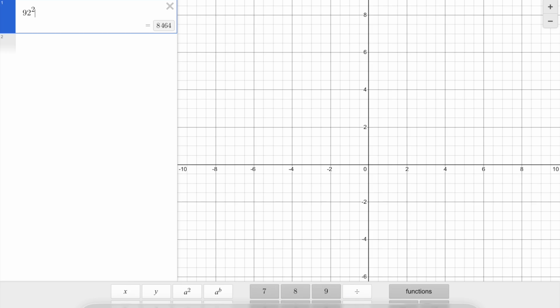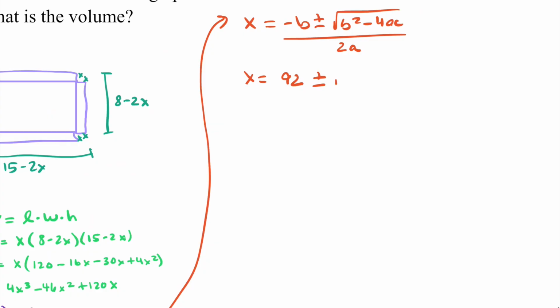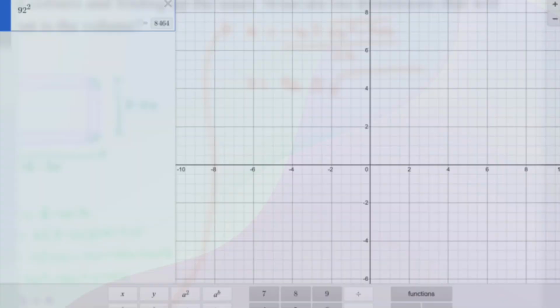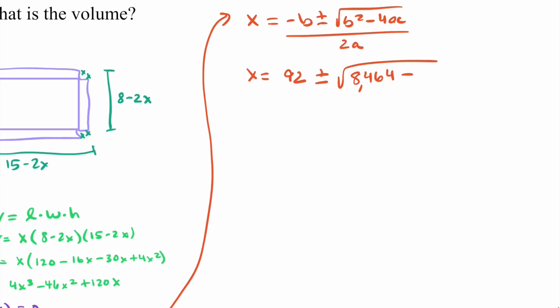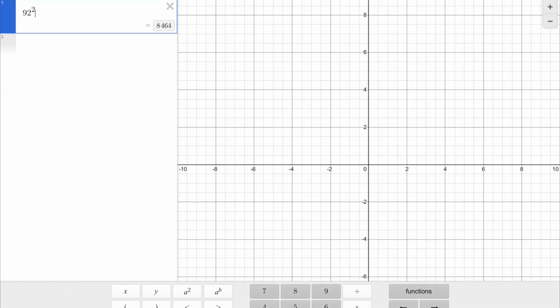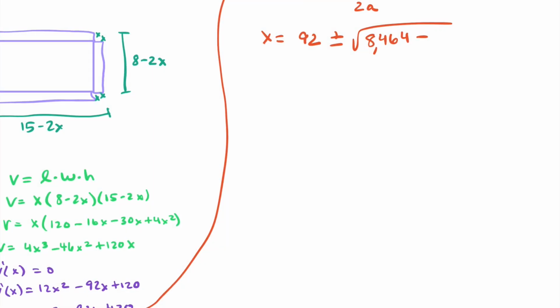That's 8464. Even though it's negative, anytime you square a negative, it's positive. I just forgot what it was. 8464. Take away 4ac: 4 times 12 times 120 is 5760. All over 2a, 24.